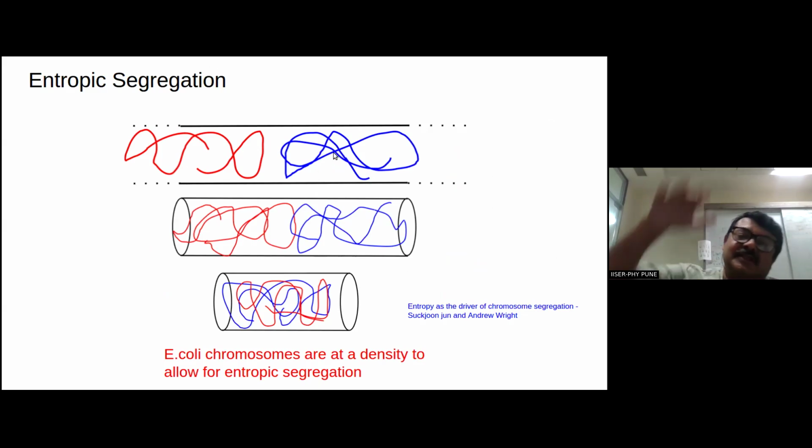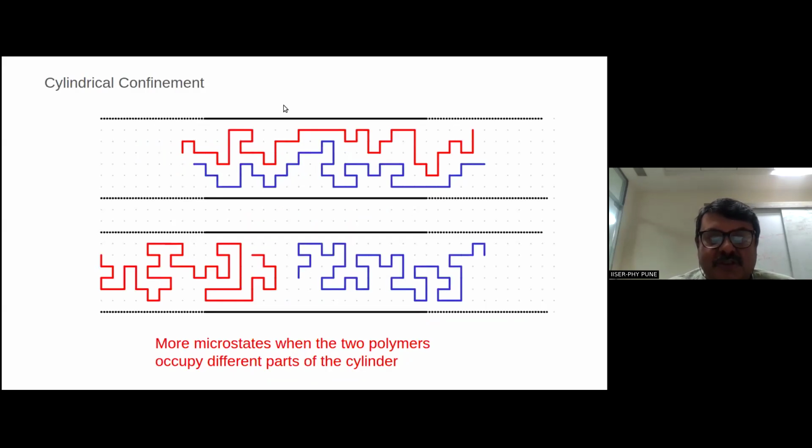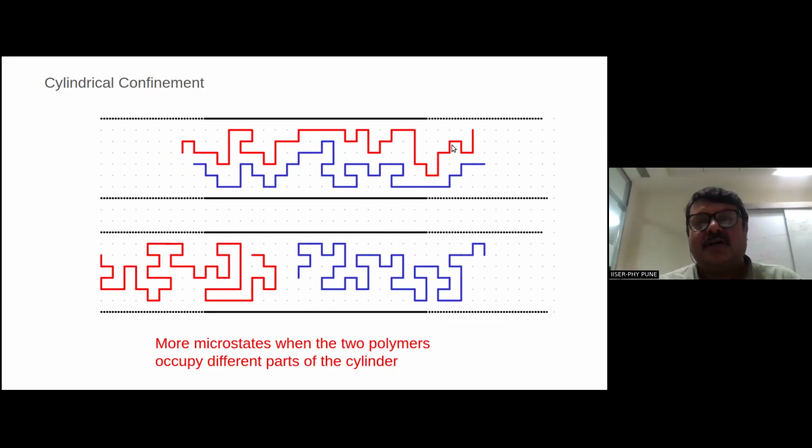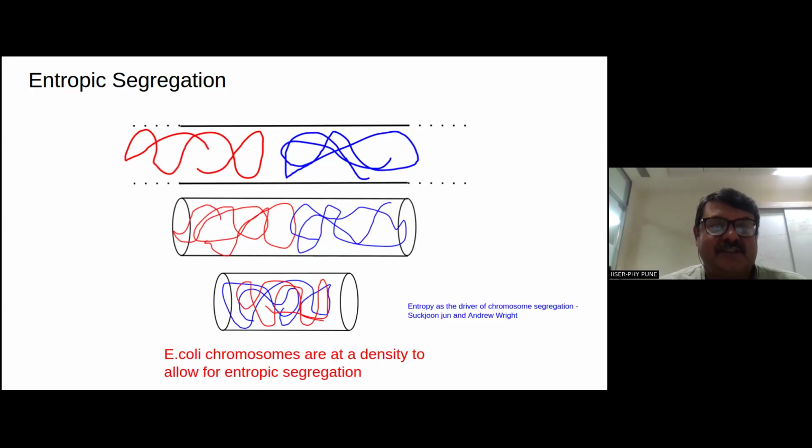Now, if the width of the cylinder was such that each could maintain its own size, they wouldn't get stretched out. They wouldn't have to fight for the number of conformations. Suppose these walls were very far, then you're not going to see this. But if the walls are such that they are confined, they're jostling for the number of conformations, then they would segregate.